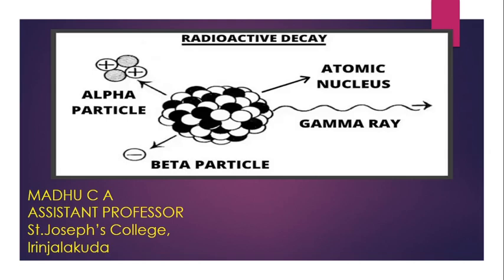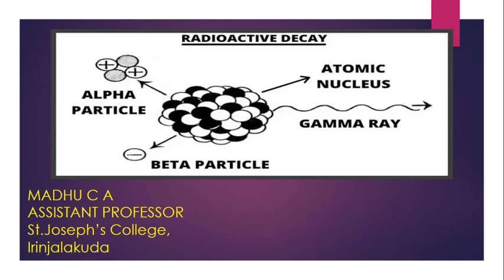From the picture you can see that there is an atomic nucleus, and from this atomic nucleus either an alpha particle, that is a helium nucleus, He2, that means 2 protons and 2 neutrons, is emitted, or a beta particle.